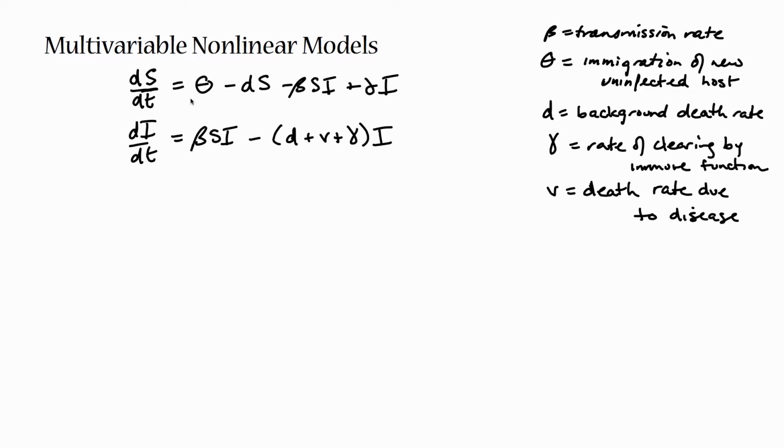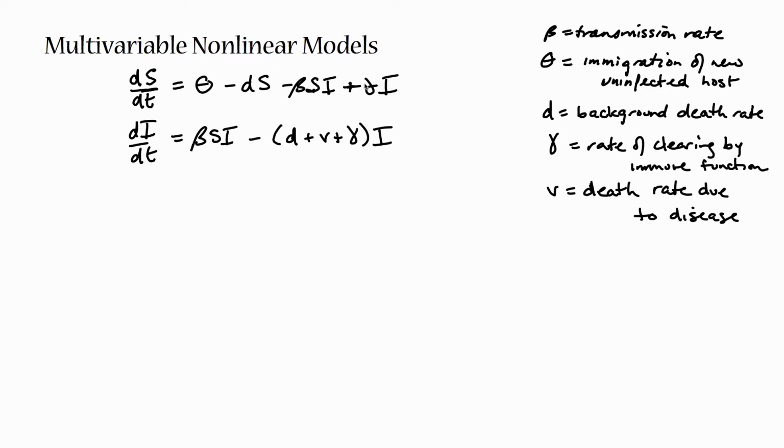So let's look at these for a second. S is going to increase by the rate of immigration. It's going to decrease by the number of people who are susceptible who die, D times S. The number of susceptible people is going to go down by beta times S times I, which tells you how many susceptible individuals are going to get infected by transmission from infected people.